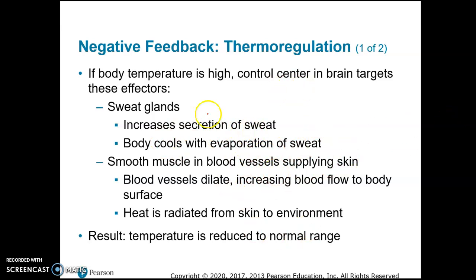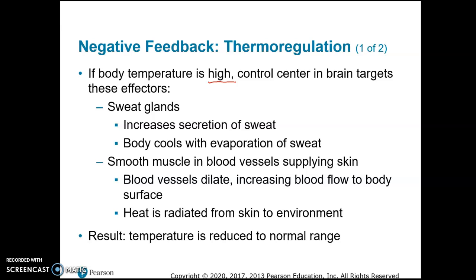The effectors are going to be sweat glands and smooth muscle in the blood vessels that allow the blood vessels to dilate or constrict. So if we look at when the body temperature is high, we have sensory receptors in our body that detect temperature.